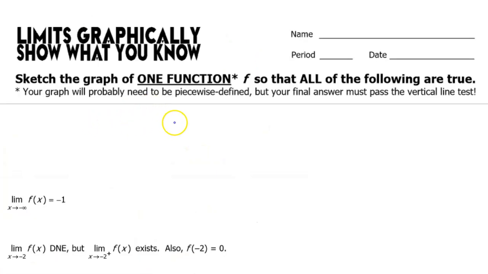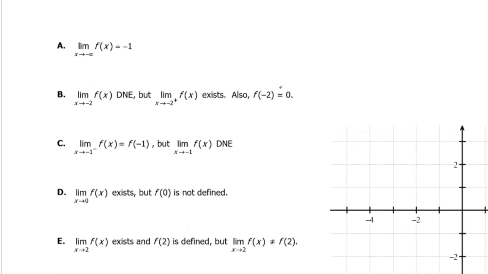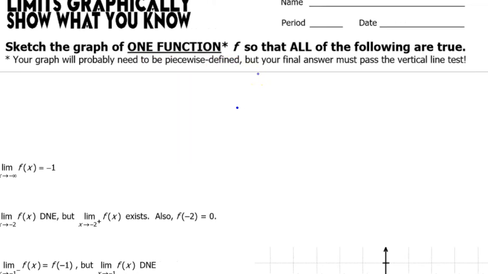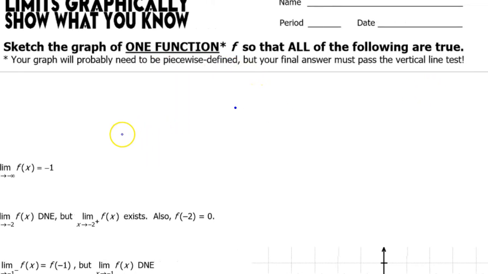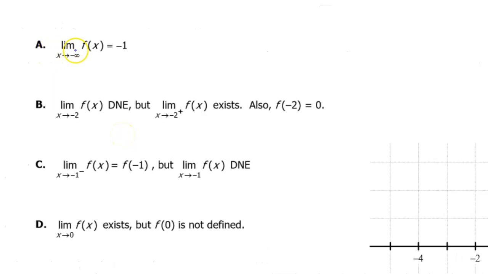For the last few problems, we will sketch the graph of one function f that satisfies all of these conditions. So the function that we are going to graph is going to be a piecewise function, but it must pass the vertical line test because it's really one function. A says the limit as x approaches negative infinity of f of x is equal to negative 1.